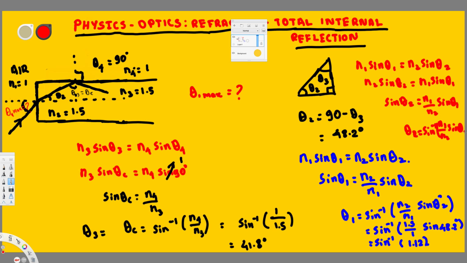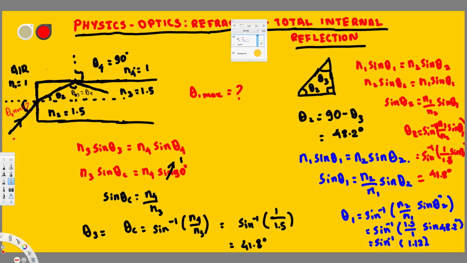Let's plug in the values. Sine inverse of N1, which is 1, over N2, which is 1.5, and sine theta 1 at 90 degrees is just 1. And if you find this angle, you should get 41.8 degrees.